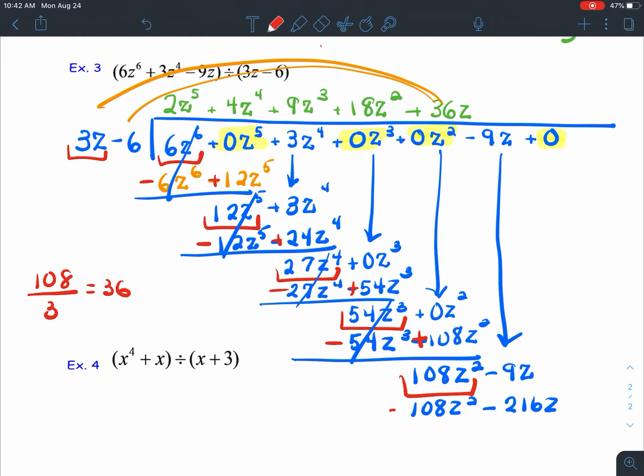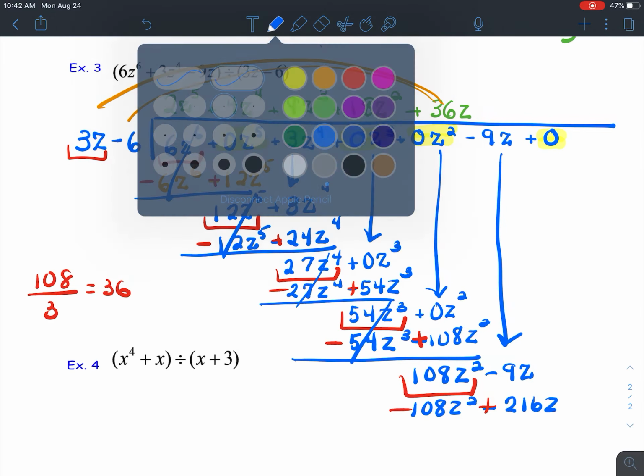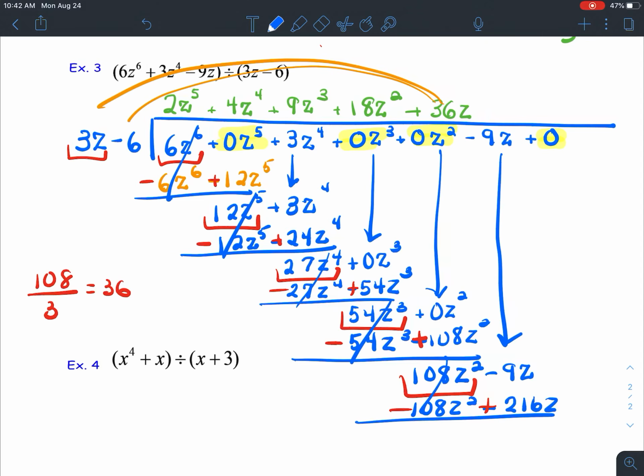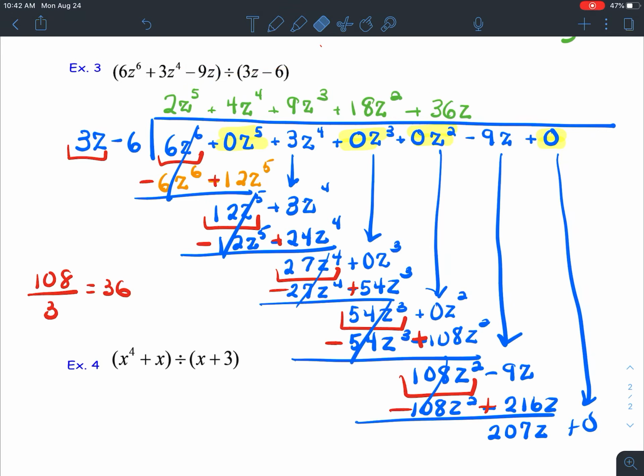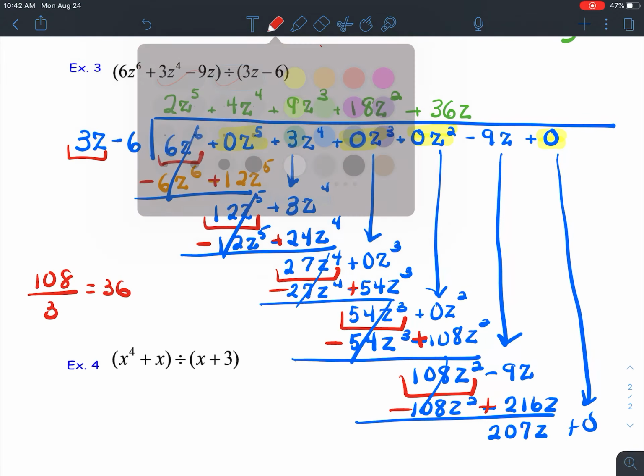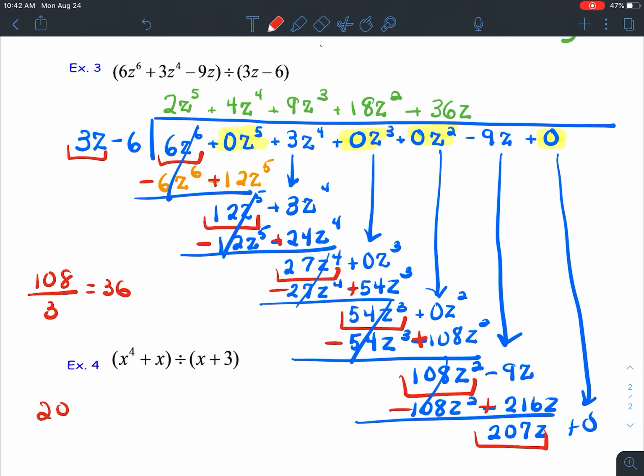Gives us 108z squared minus 216z. Flip, flip, add down. These numbers keep growing and growing. Got to be careful when you combine these. This is negative 9 plus 216. That's a 207z. Last one, we're going to drop down this 0 and do this one last time here.